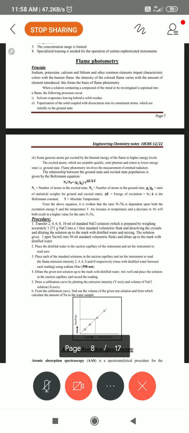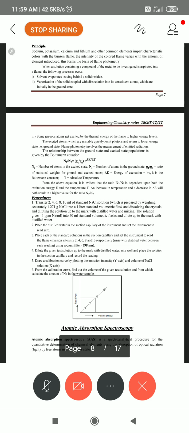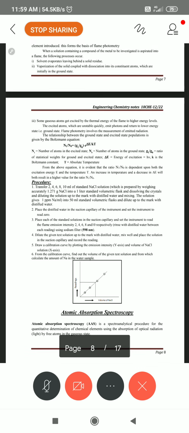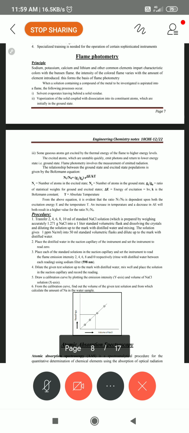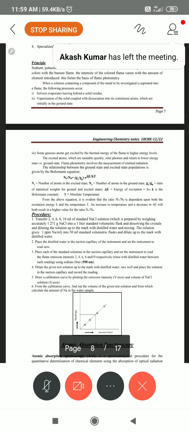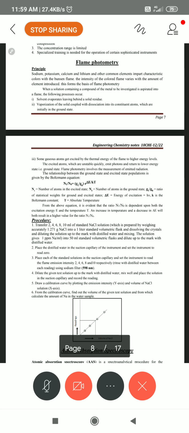It is nothing but the same as the colorimeter, extended. It is based on light, that is the principle too. Here the principle is that atoms in the excited state come down to the normal or original state, and at that time the intensity of the emitted light is measured. The photodetector detects and records it, and it announces how many ppm, how many milligrams of dissolved cations are in the given 1 liter of water sample.